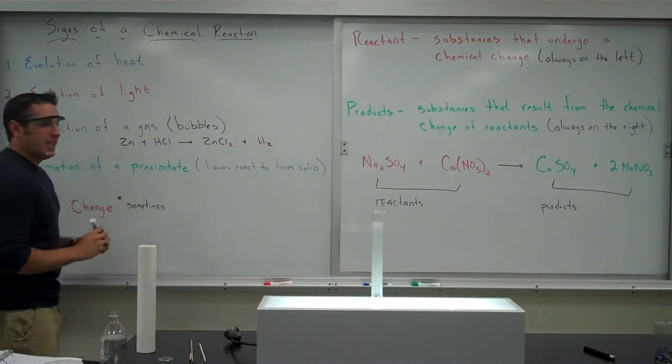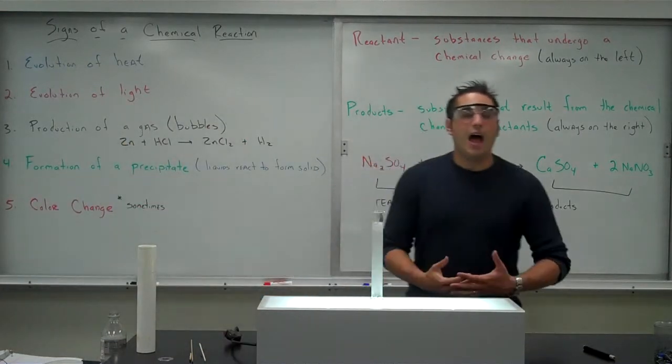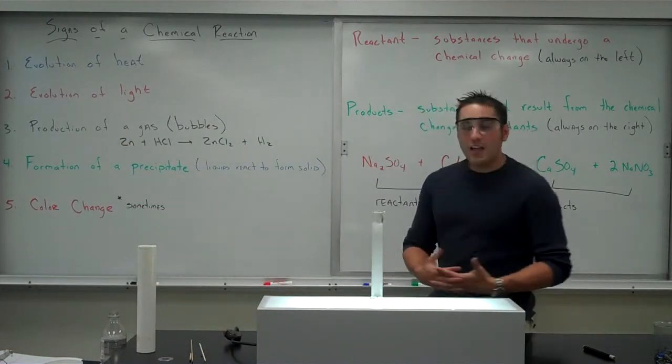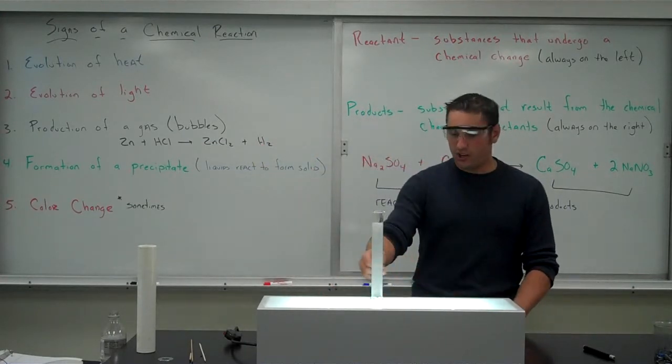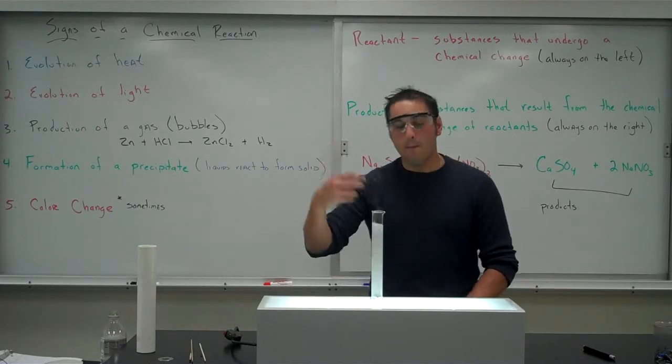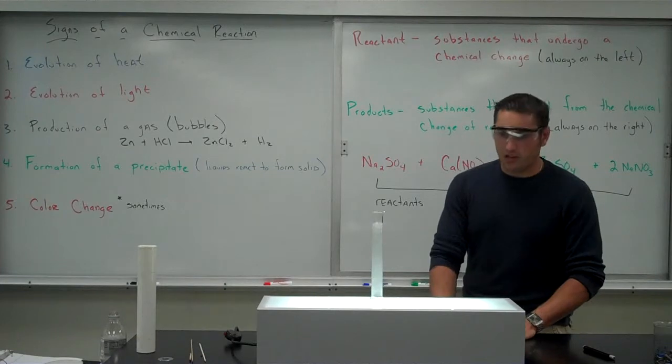One called zinc chloride, and the other is the element hydrogen being released. Hydrogen is a gas, and the hydrogen is what tells me the reaction is occurring, because that is the bubbling that I'm seeing come out in this particular liquid.